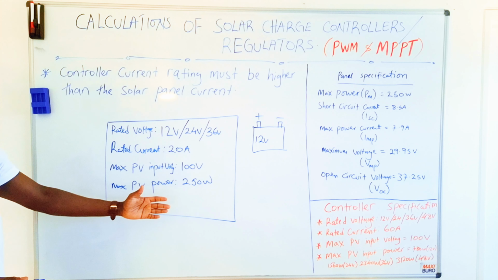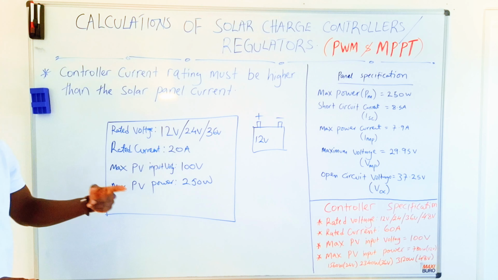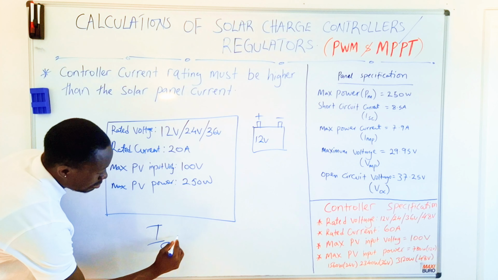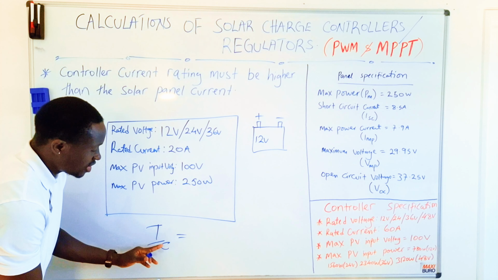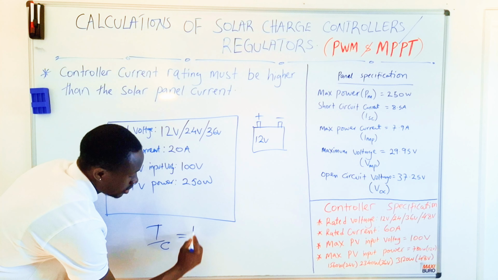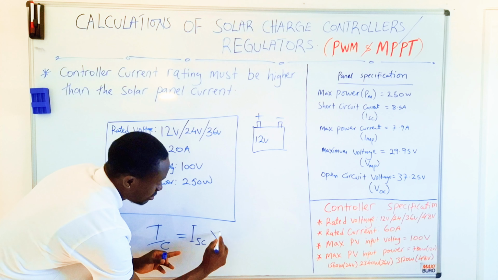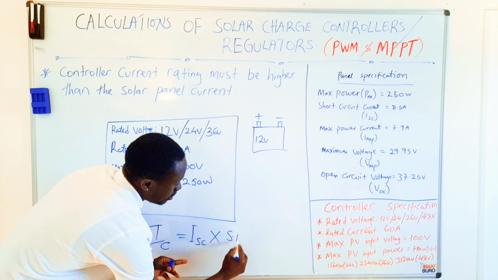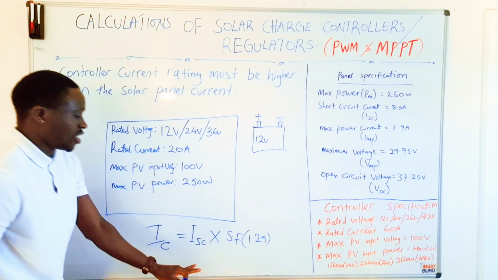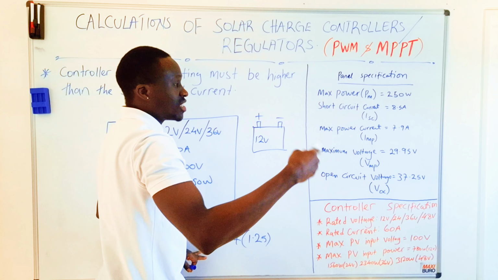Okay, this information will help you know which controller is going to work well on your system after doing the calculation. The current of the charge controller equals the short circuit current of the panel times the safety factor. The safety factor is 1.25. You find this current on the panel, the short circuit current, which is, say, 8. Any panel has different current.